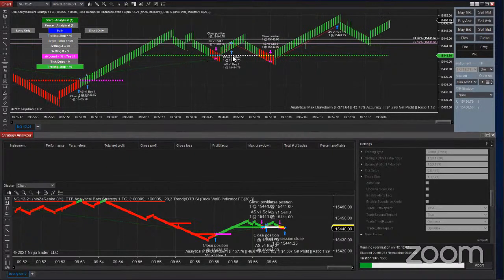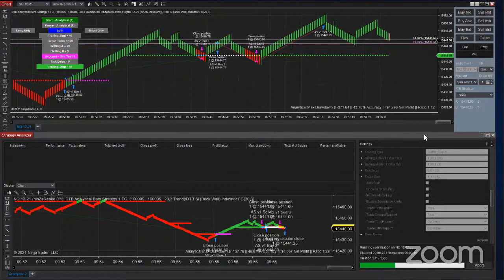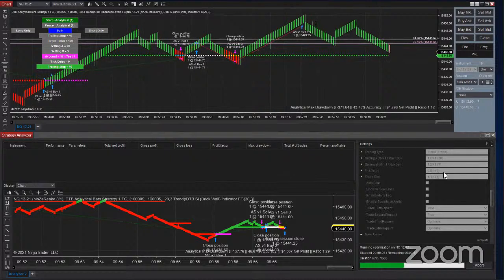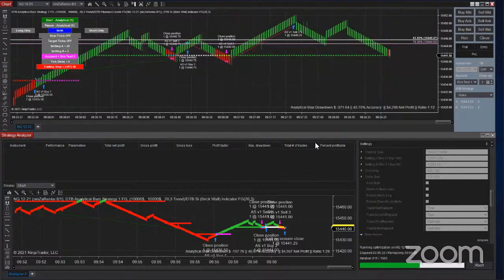Well, I'm expecting a lot of trades on this bar size because it is a much smaller bar. I'm actually going to deactivate my trailing stop on this.